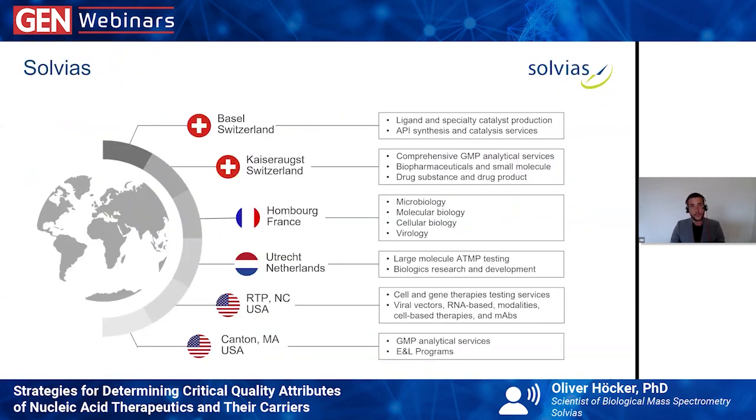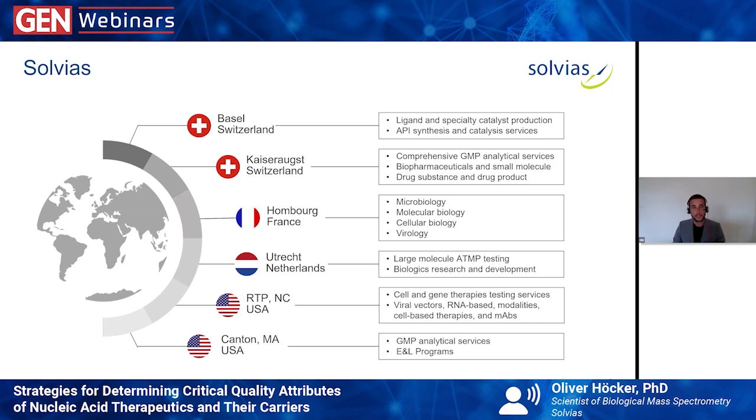So first, some words about Solvius. Solvius is a contract research organization that supports the biopharma industry in bringing their products from the early research phase to the commercial phase. And Solvius is expert in comprehensive GMP analytical services for biopharmaceuticals and small molecules, also large molecules like ATMPs and cell and gene therapies.